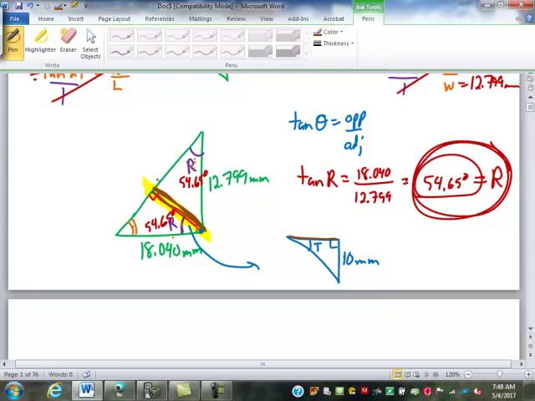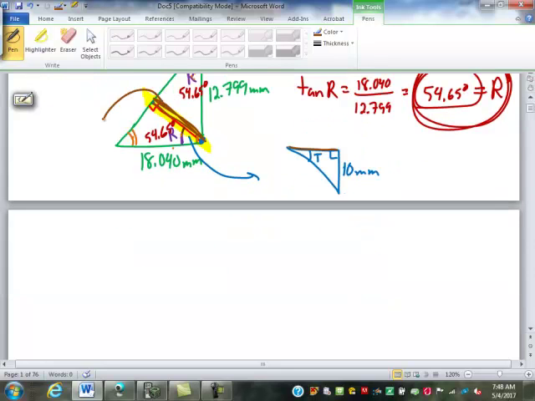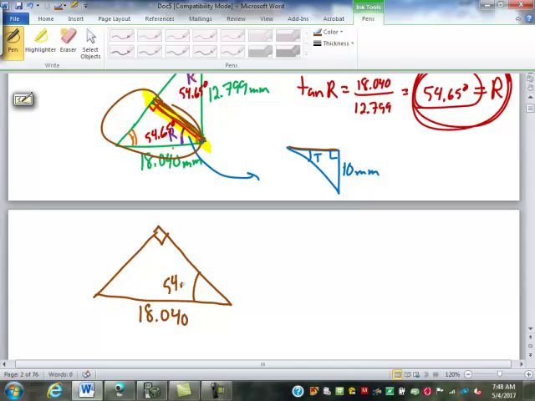So to find that length, I'm looking at just this piece of the triangle now. This is a right angle. This down here is still 18.040, and this is the 54.65 degrees. I'm looking for this side in red.